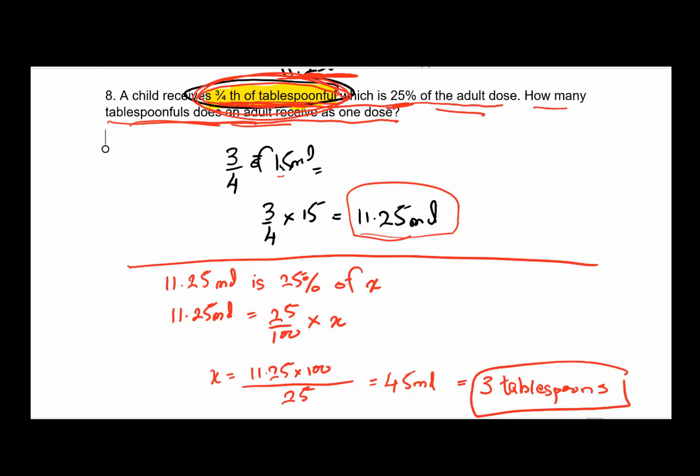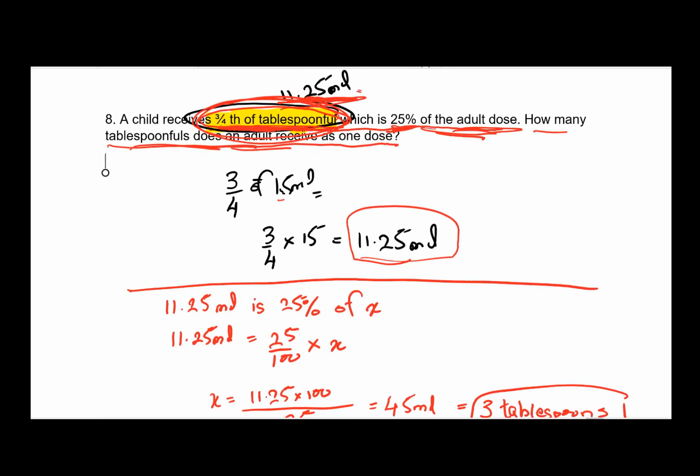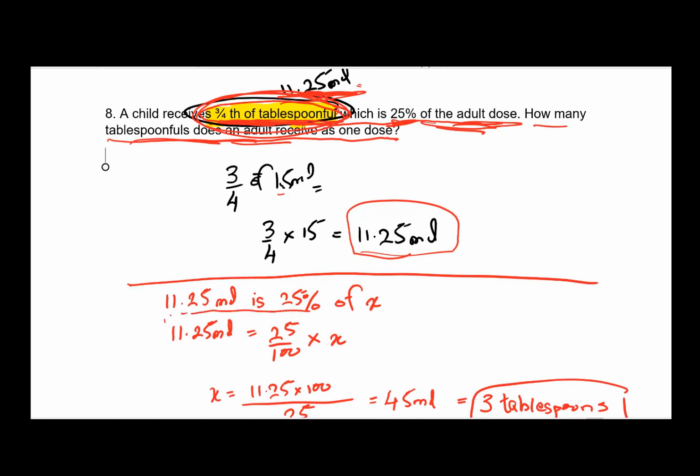So everybody with me? And now the question further says that this is 25% of the adult dose. So let's write that down. 11.25 mil, which the child is receiving, is 25% of X. X is the adult dose.